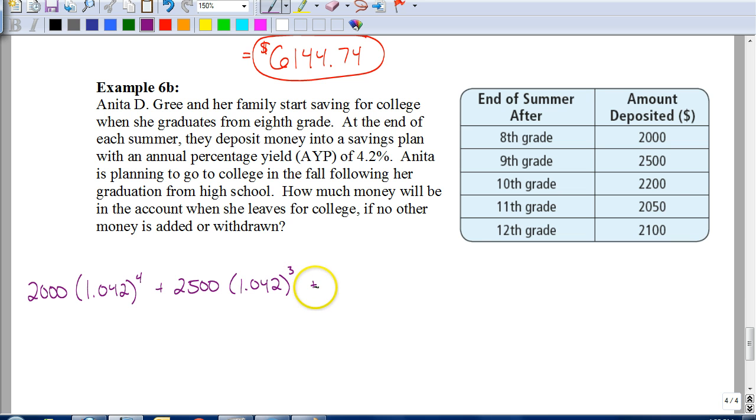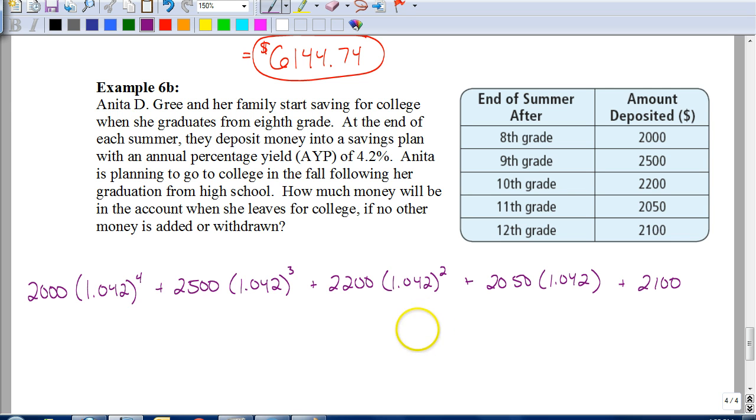This would be cubed, plus 2,200 times 1.042, this would be squared, plus 2,050 times 1.042, and that's not going to have any exponent, so it just sits there for 1 year. And finally, we would add to that the $2,100.